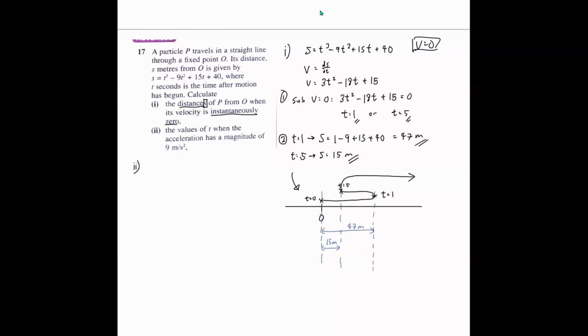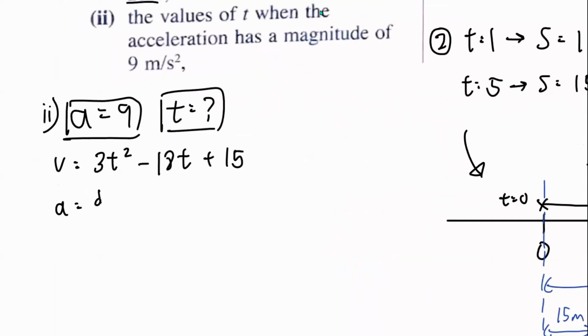Then part 2. Calculate the values of t when the acceleration has a magnitude of 9 meters per second squared. A equals 9. T equals question mark. How? Differentiate v. 6t minus 18 equals 9.